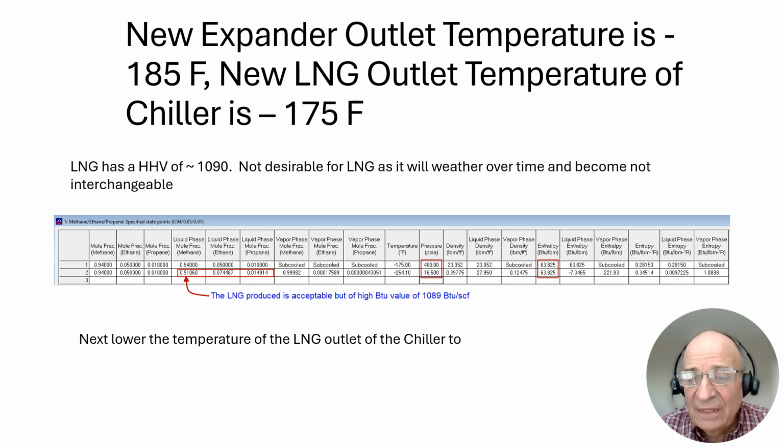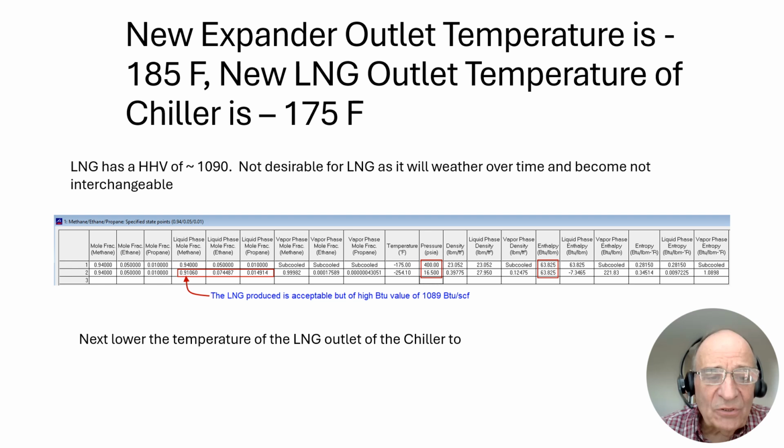Our enthalpy is 63.825, and we're going across the JT valve, so it's an isenthalpic process, meaning a constant enthalpy process. And you see the enthalpy in is equal to the enthalpy out. And we're going down to tank pressure, which is 16.5 psi absolute.